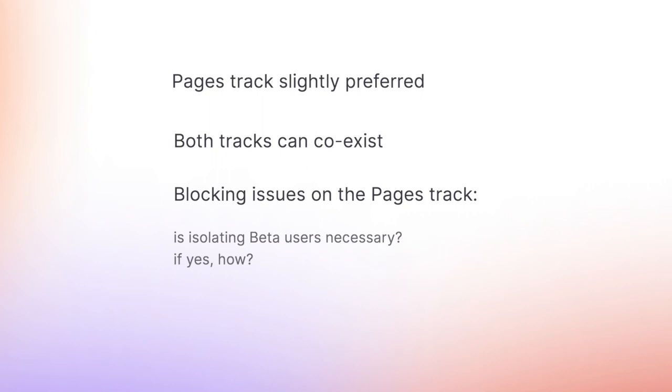Do we need to isolate closed beta users? And if yes, how do we do that? And 4, as long as those 2 questions aren't solved, I am prioritizing the Cloudflare approach. Once the blockers are resolved, I might switch priorities depending on their outcome.